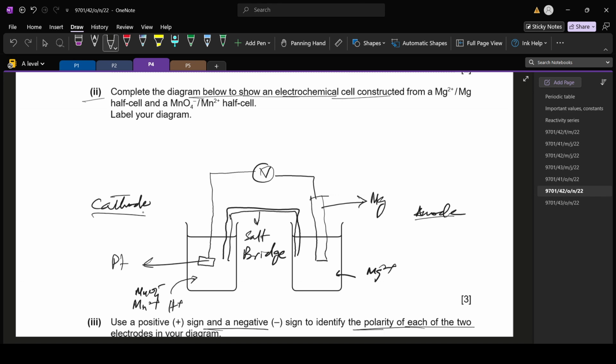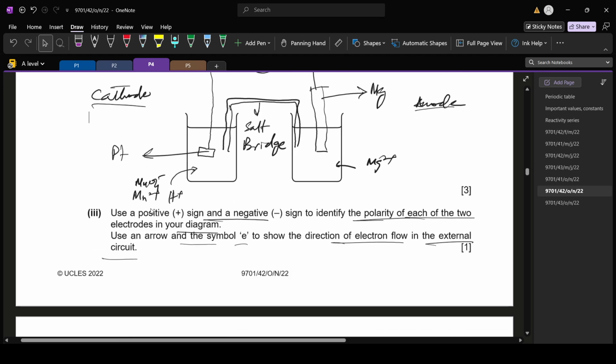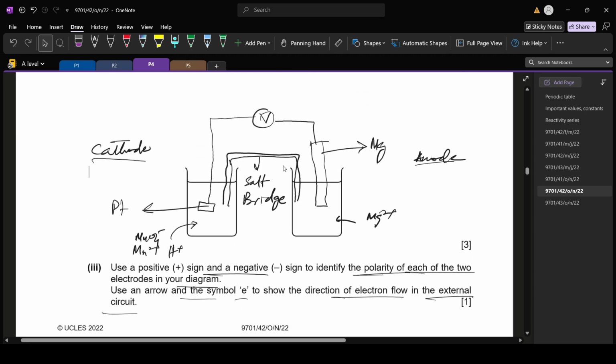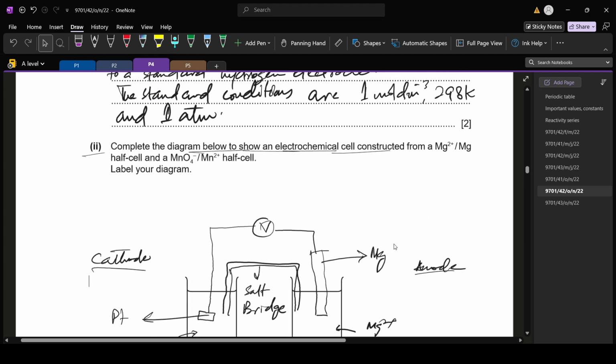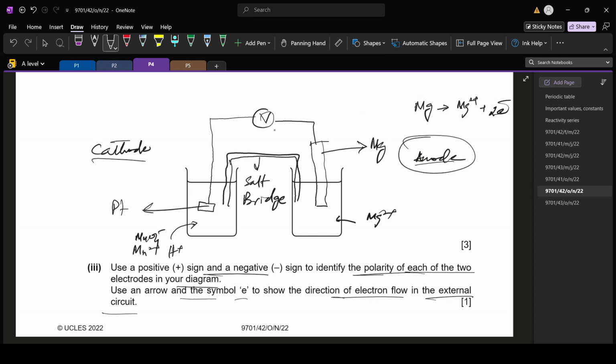Now let's find out the polarity. Let's first see what will happen in anode. In anode, the magnesium will form magnesium 2 plus ions plus 2 electrons. So the electron flow will be in this direction.